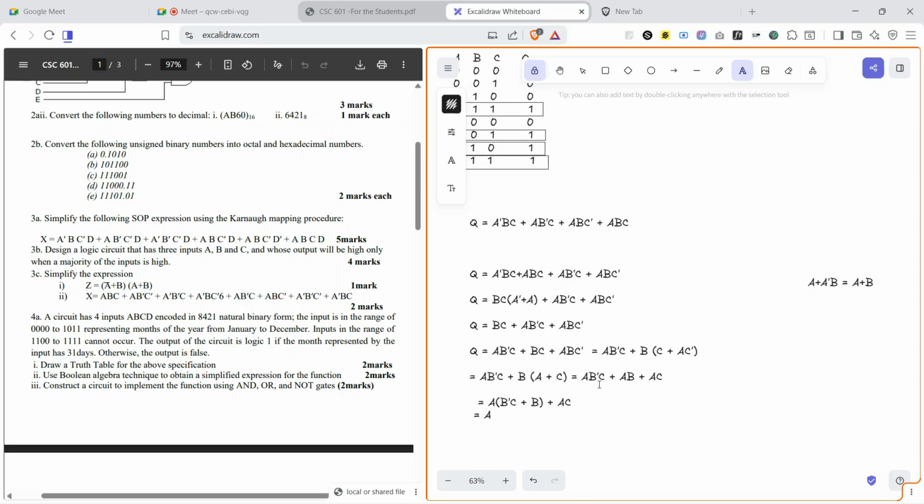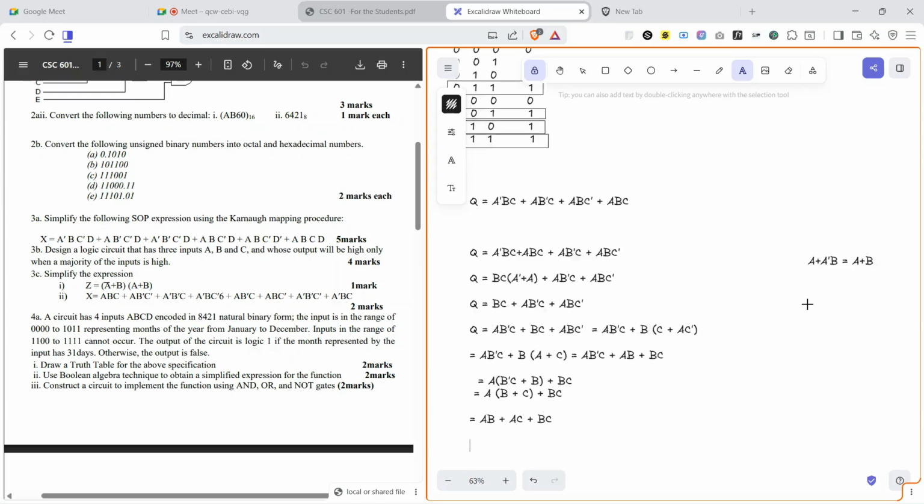Yes, when you expand it, it will be BC. Thank you, that's a lapse on my side. So this would be B plus C, just like we have here. So this is B plus C, then plus BC. So this will now be equal to AB plus AC plus BC. So this is the final simplification.